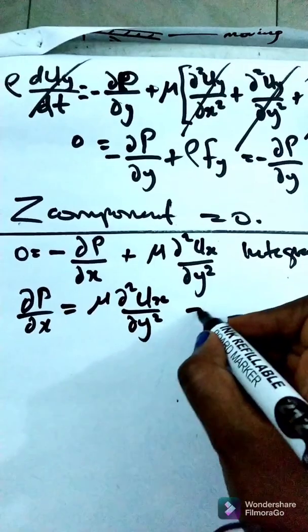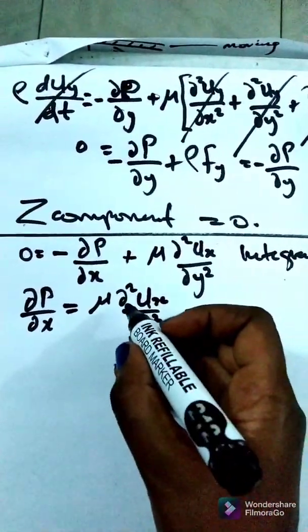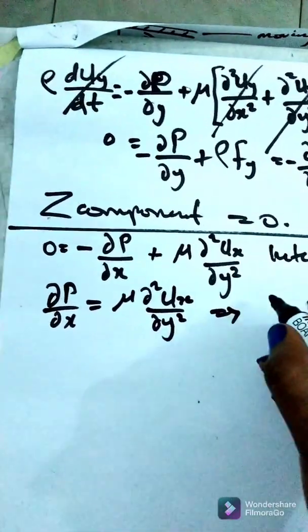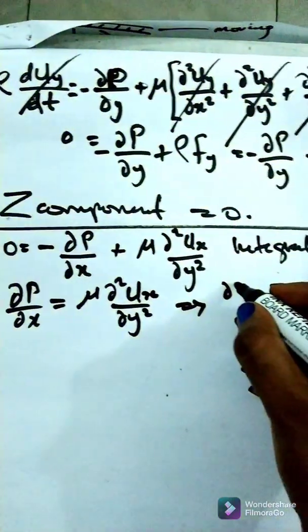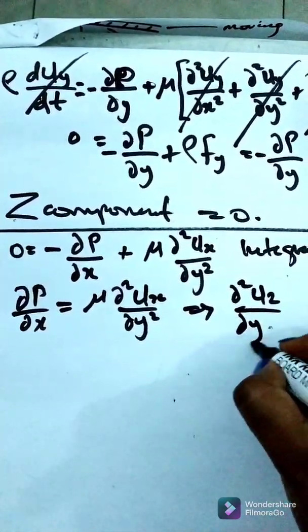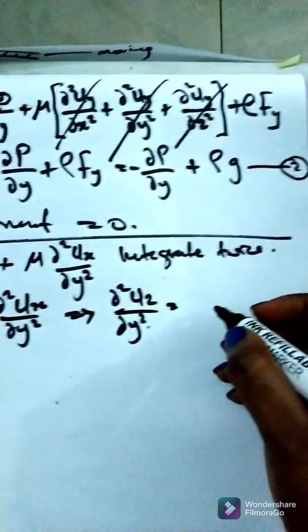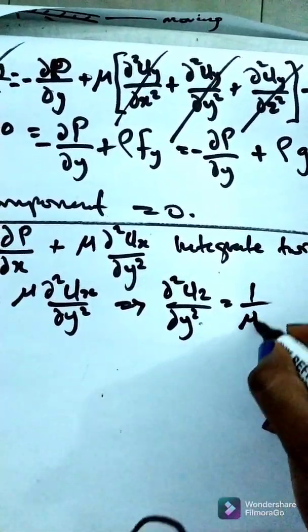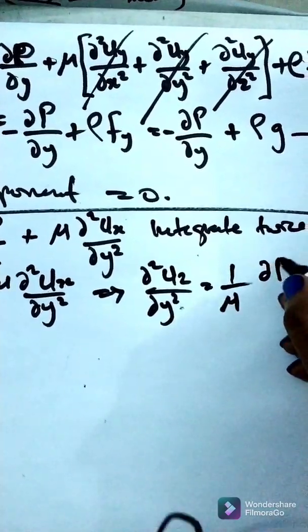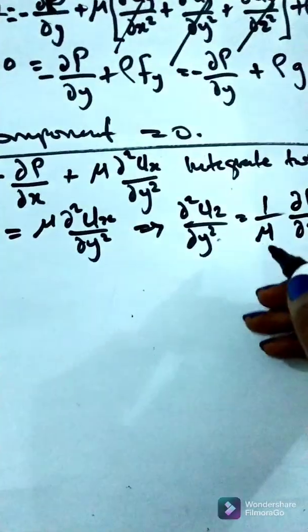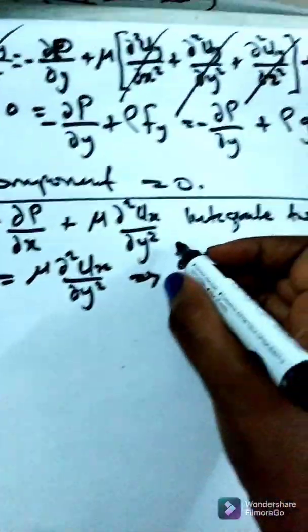So if we rearrange this equation to make the partial square ux all over partial y square the subject of the formula, we'll have partial square ux all over partial y square equal to 1 over mu partial p partial x, since mu will go under.